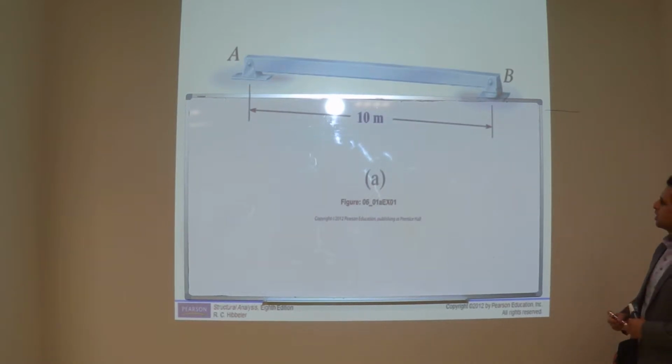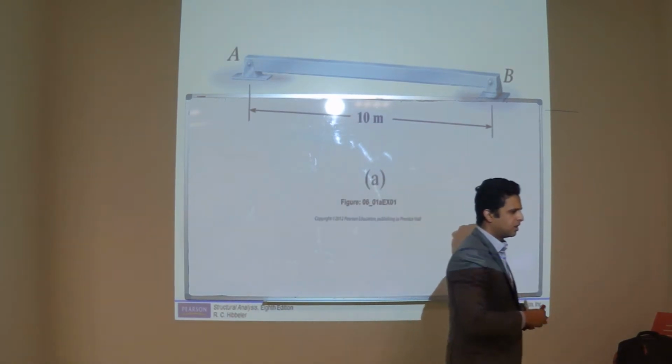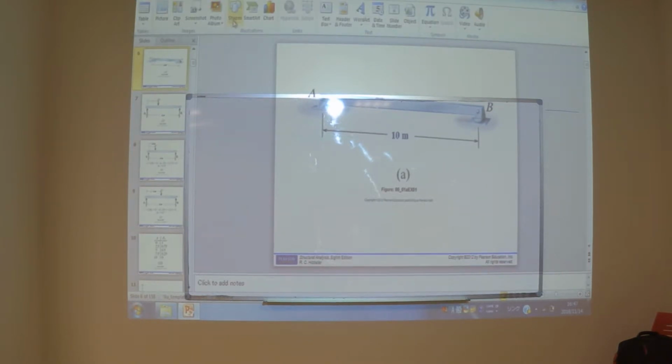So, this is the beam and I want to draw. I can do one thing. I can insert some object here.